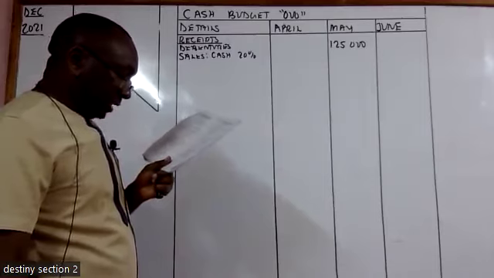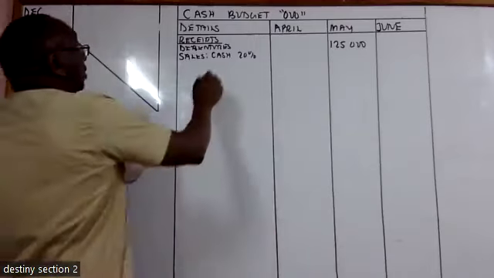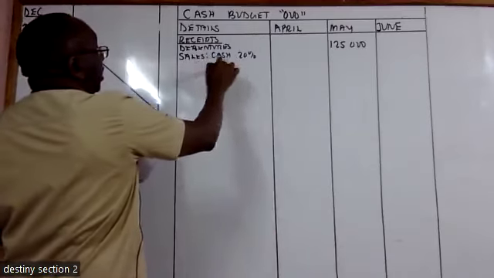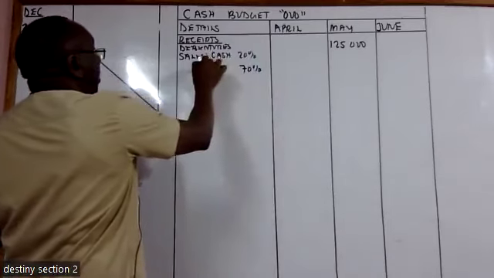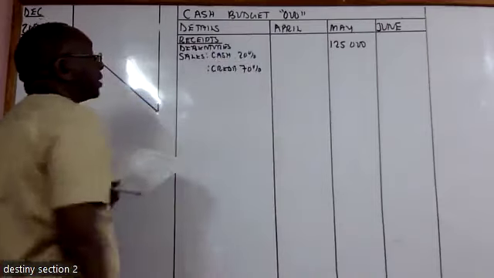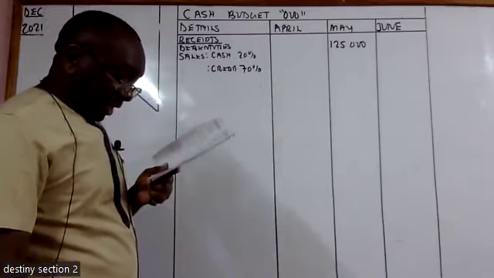The 70% pay within 1 month and receive a discount. So there are those who pay 70%, we can call them credit, the sales on credit, 70%.